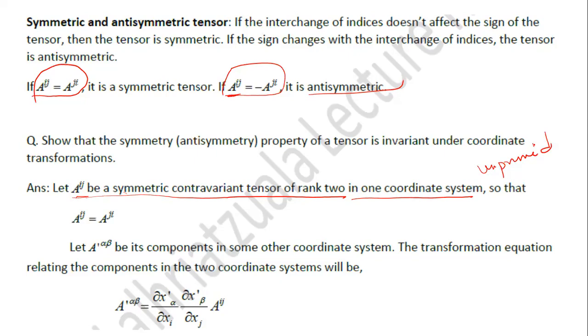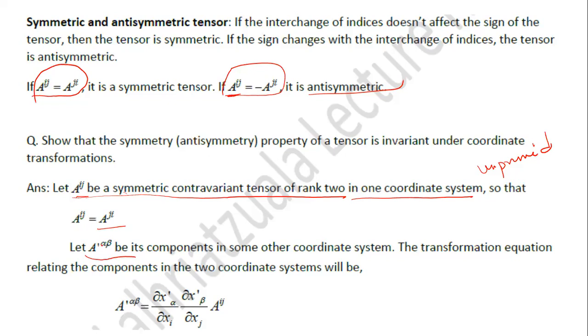Okay, so if it is symmetric, it means Aij is equal to Aji. Now let A prime alpha beta be the components of the same physical quantity measured in another coordinate system.